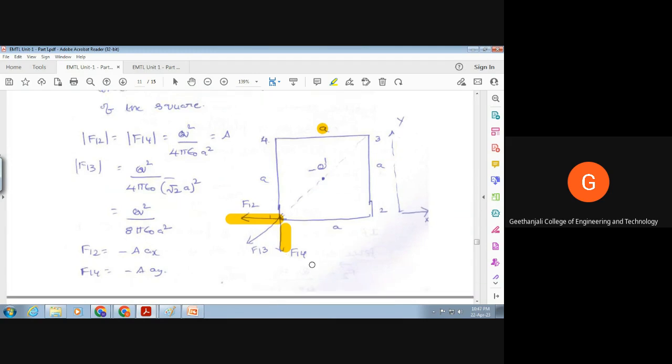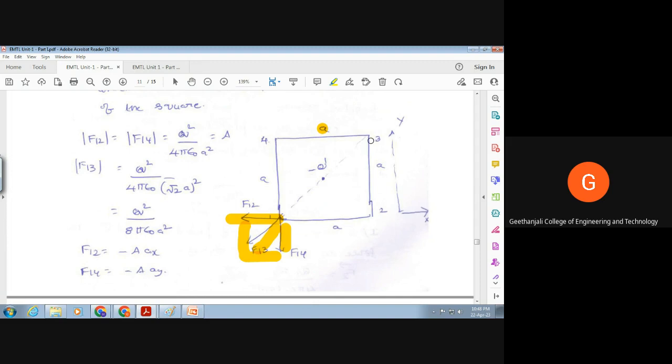But the directions are different. F12 is acting in this direction, to the left-hand side. F14 is acting in the downward direction. And because the magnitudes are the same, what is the resultant of F12 and F14? The resultant will be in this diagonal direction. And what about F13?